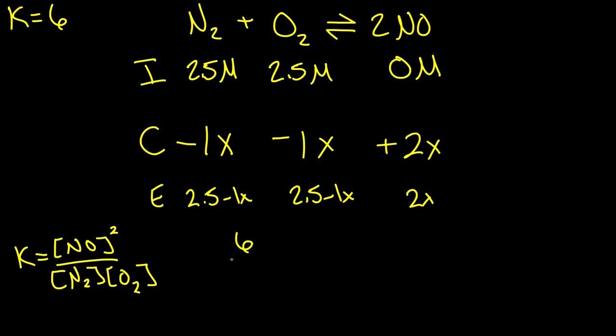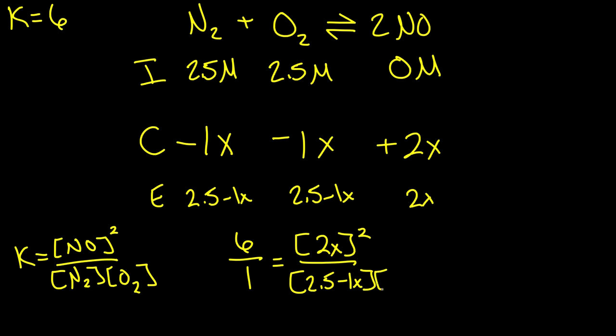K is 6, I put that over 1. NO is 2x, and it's squared. N2 is 2.5 minus 1x. O2 is also 2.5 minus 1x. So that's essentially 2.5 minus 1x, squared.